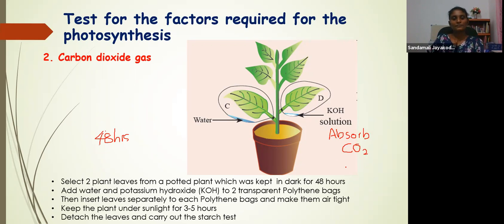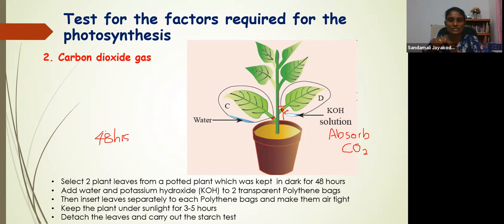Then we insert those two leaves separately into these two polythene bags containing water and KOH solution and make them airtight. We have to put a rubber band or something to prevent the flow of air in and out.